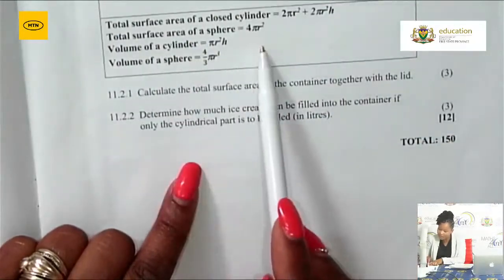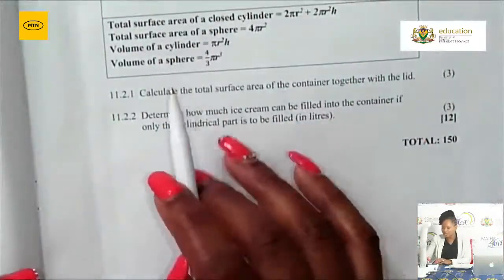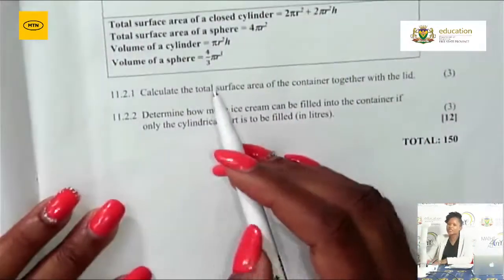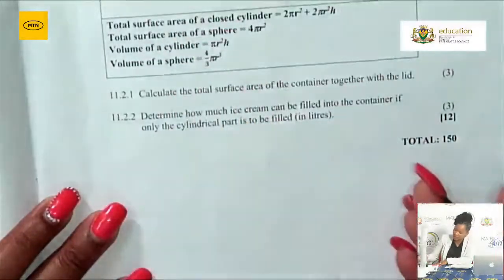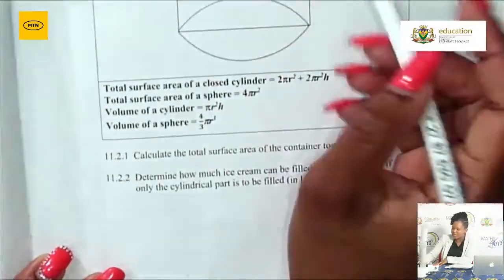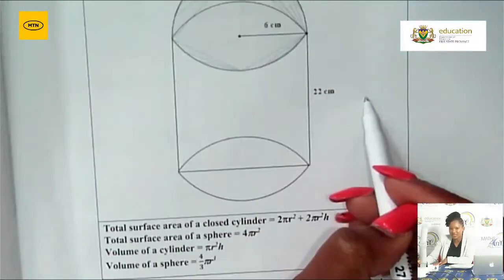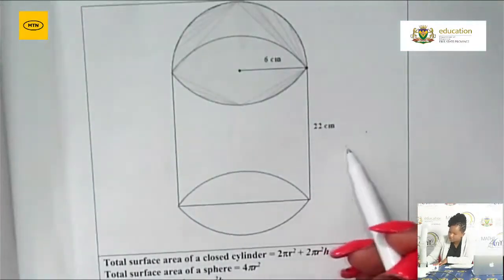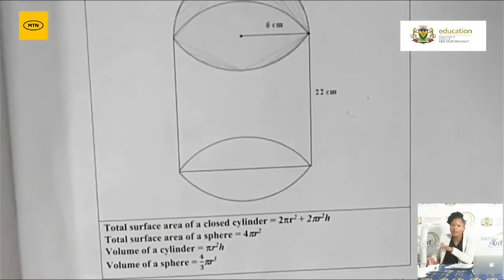You just have to read the question carefully so that you understand exactly what the question needs, and then choose the correct formula. And then make sure that your units are the same. Suppose here we have meters instead of centimeters. You will have to convert these meters to centimeters before you substitute and use your calculator. Make sure that your units are the same.